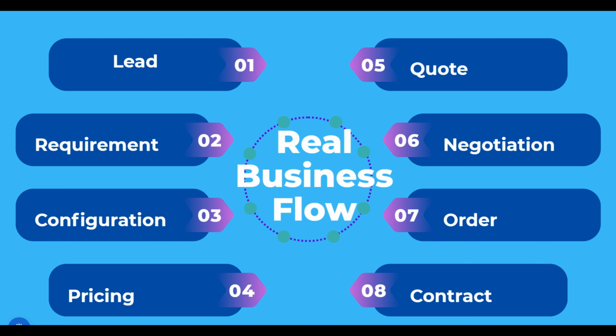Once the product is configured, the next step is pricing, where the business calculates the total cost by considering selected features, quantity, subscription period, discount, and pricing rules. After pricing is finalized, a quote is created and shared with the customer so that they can review the proposal. Then comes the negotiation stage, where the customer may request some pricing adjustment, discounts or changes in the packages.